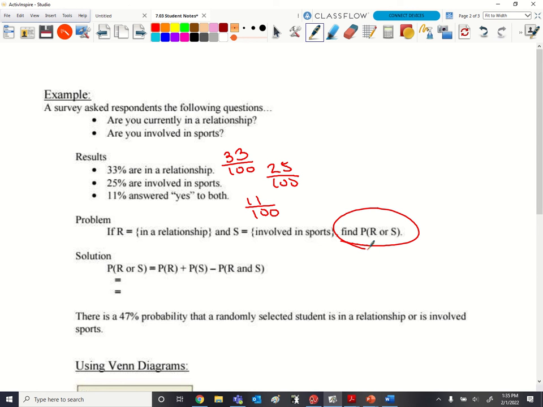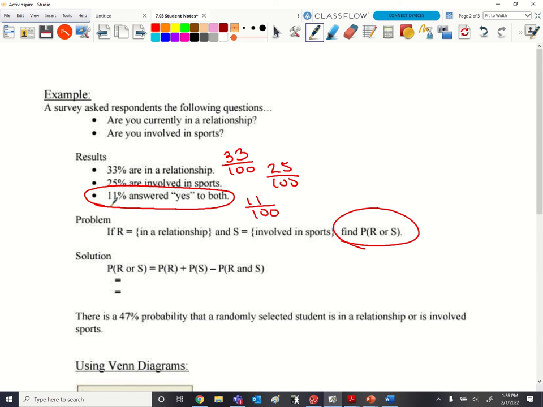So what we're going to do is we add those two together and then we subtract what? Not 100, 11. Why am I subtracting 11? Because they have yes on both. So they're in both categories, so I don't need to count those twice. I only want to do it once. So it's going to look like this.